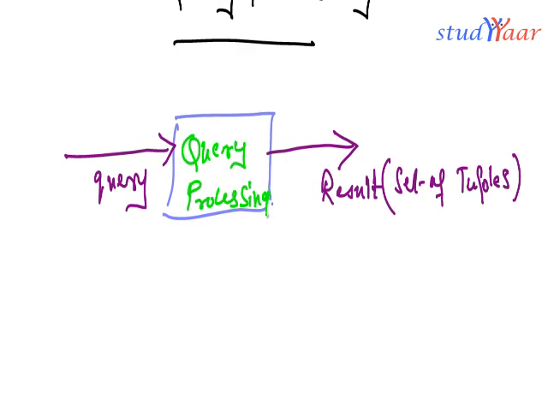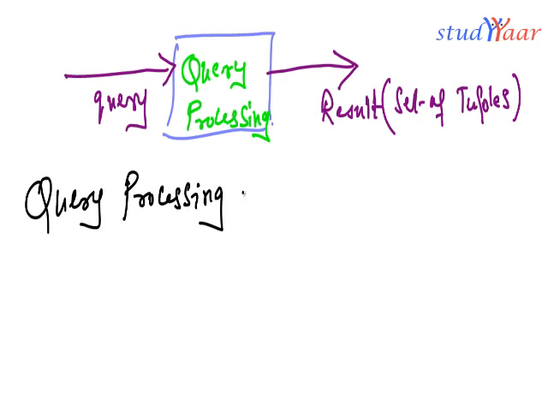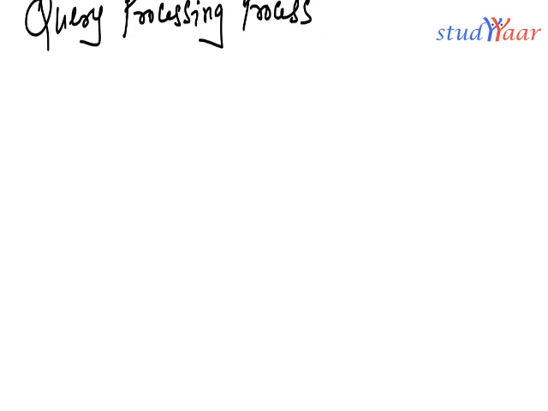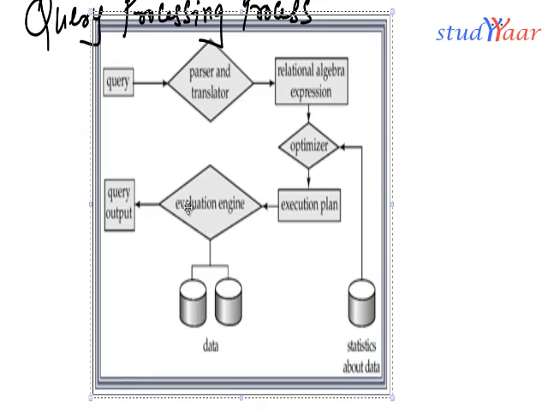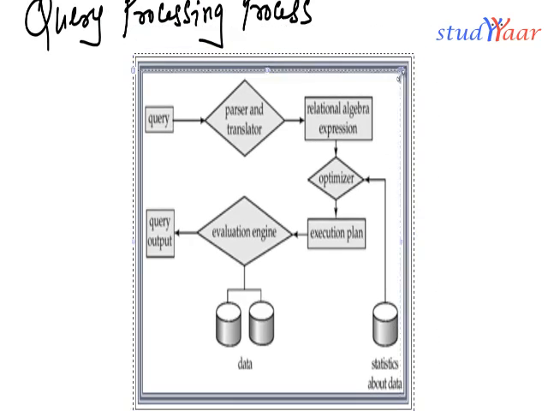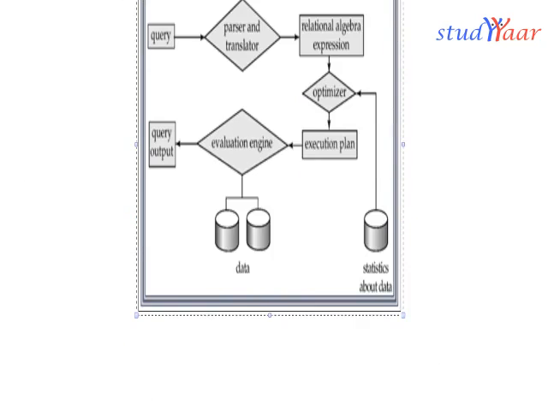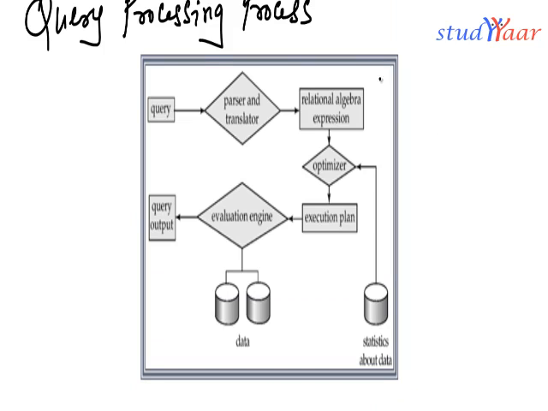Now let's look at the query processing process, the steps involved in a query processing procedure. I have here a diagram which is going to tell us what the steps involved are.